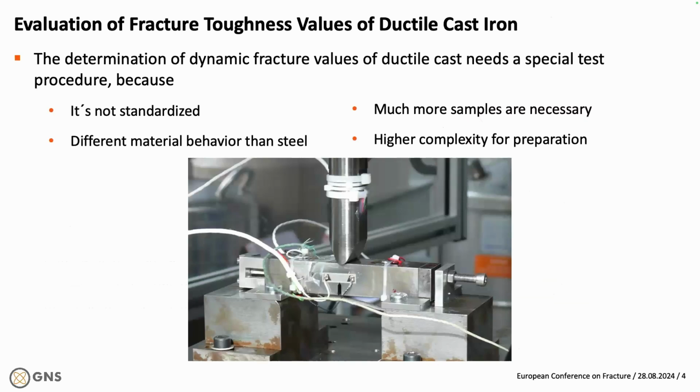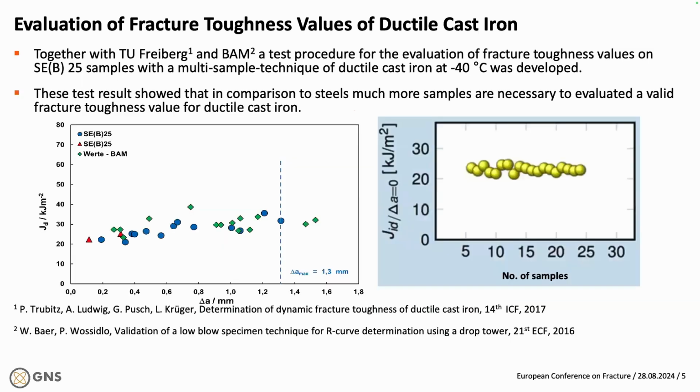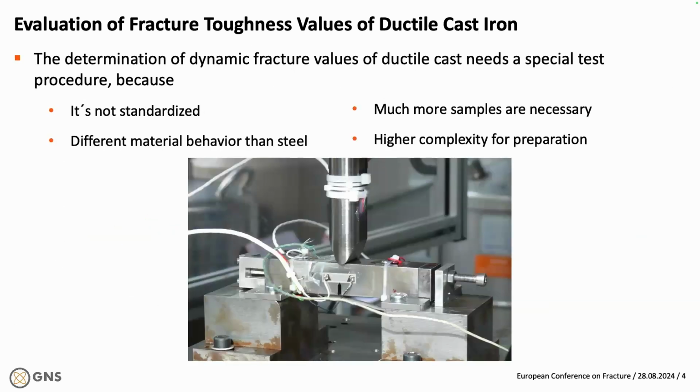And the thing was we have to determine the fracture toughness values of the casks, especially during the license process. And so it was necessary to develop a special test procedure because the handling of ductile cast iron is not standardized.